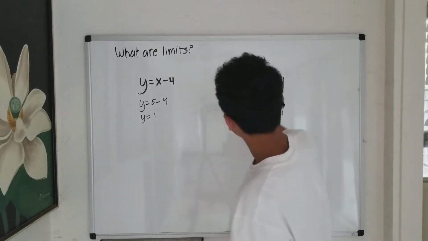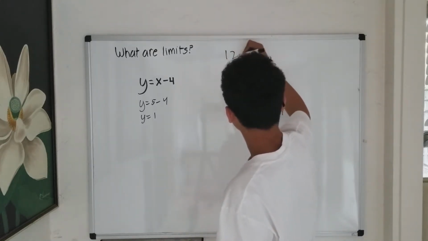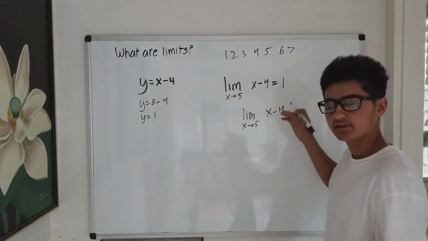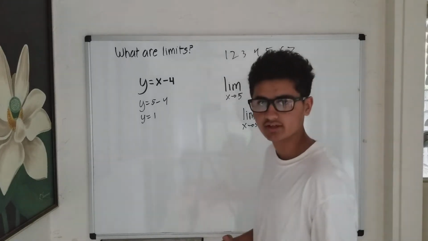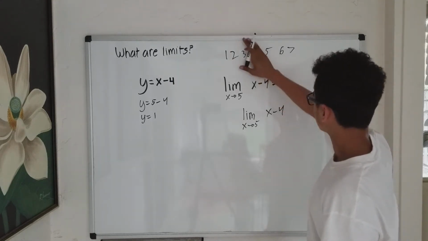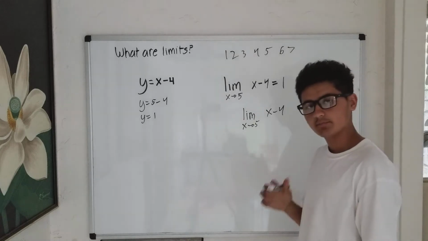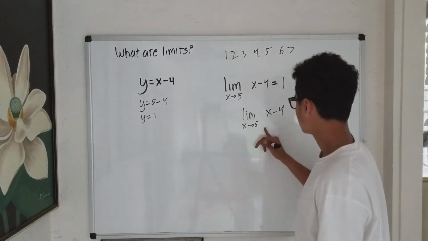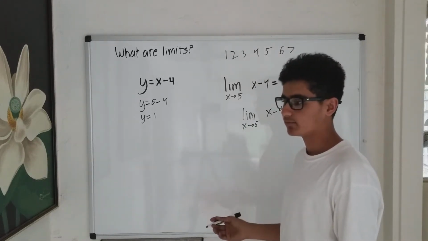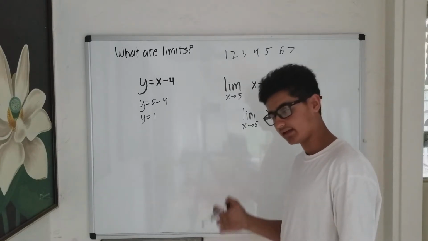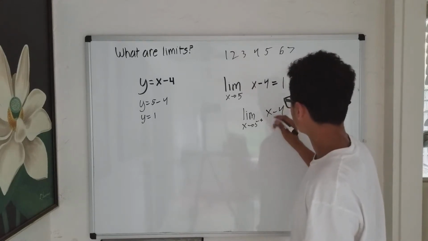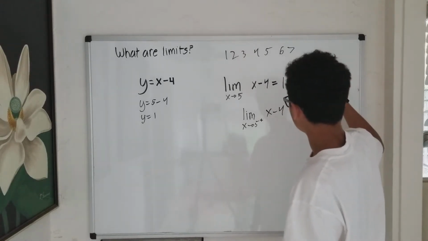If we were to have a number line up here, 1, 2, 3, 4, 5, 6, 7, because we're referring to it off a graph. There's a special symbol you add in order to get only the right values of 5, and it's very simple. In math, when you're thinking of adding things, you would add an addition sign. So you add an addition sign, meaning from the right side, basically the positive side of the x-axis.